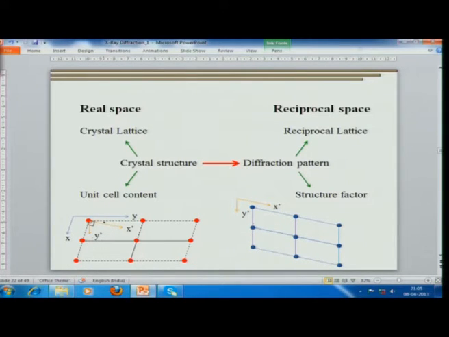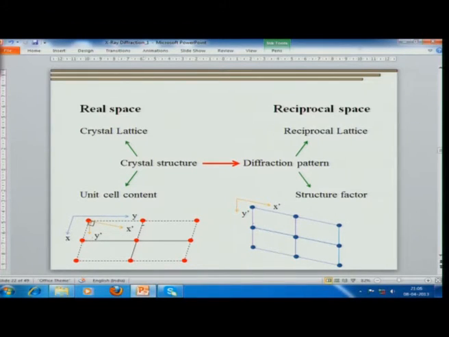So, not only have we changed the directions, but we have also changed the length, the magnitude of the directions. Therefore, we can define y prime as being normal to y, and the distance between any two reciprocal points along y prime is 1 over the distance along y in real space. Similarly, we can define x and x prime.